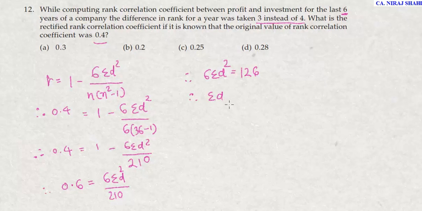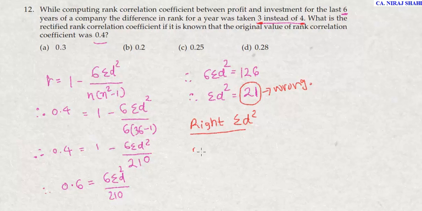So sigma d square will become 21. Now we know that this sigma d square is actually the wrong sigma d square for us, because rank was taken 3 instead of 4. So now we have to find out the right sigma d square, and to find that we will do a modification here.